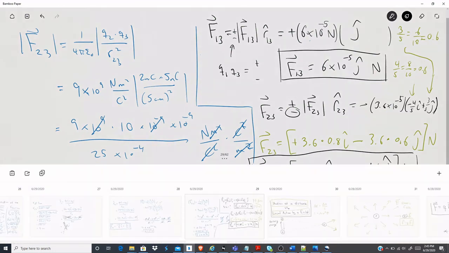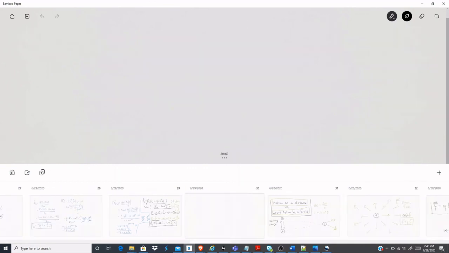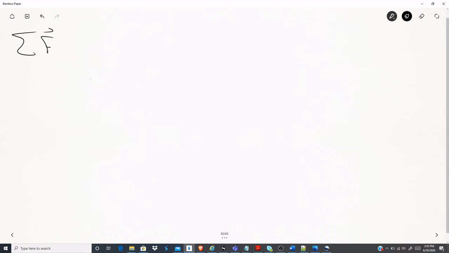Now I just need to compute the net force. The net force is going to be the force that 1 exerts on 3 plus the force that 2 exerts on 3, because the net force is just the total force acting on a particular object.